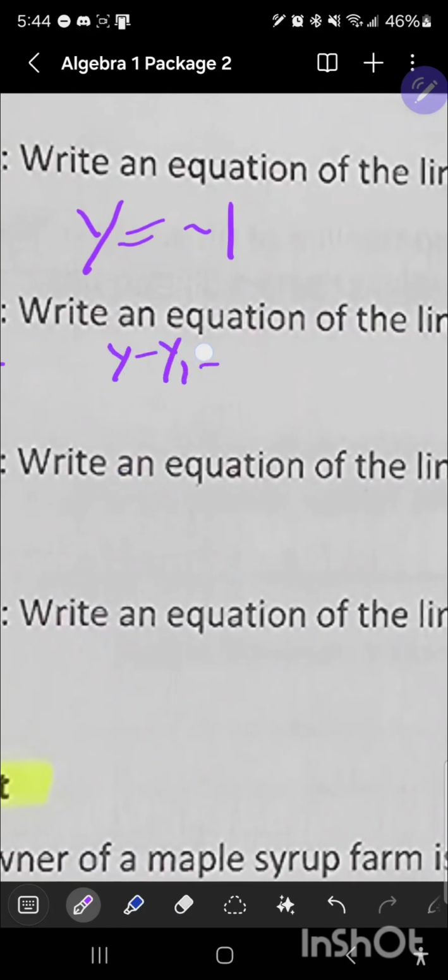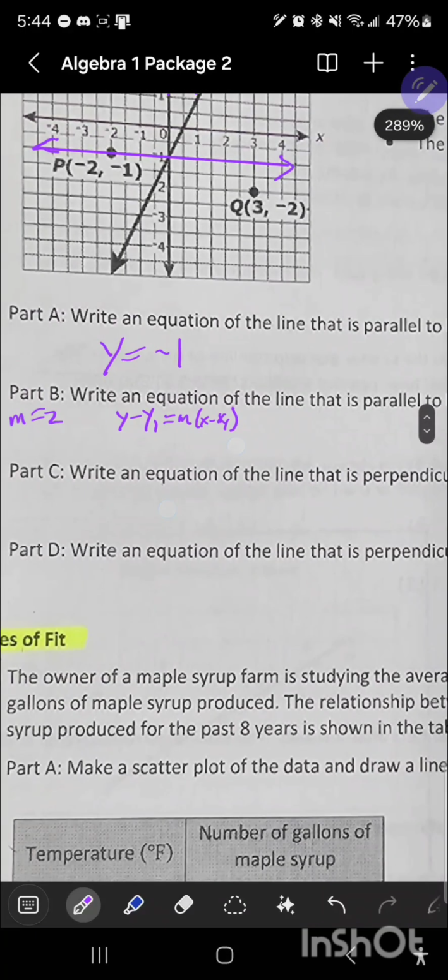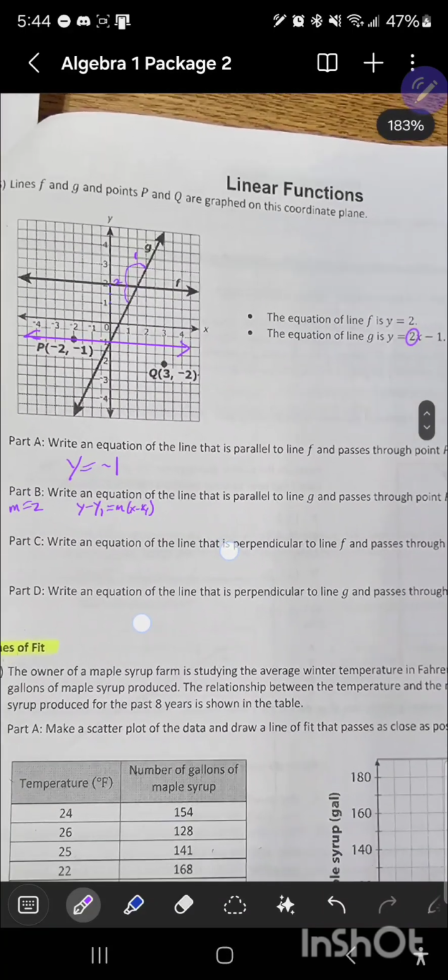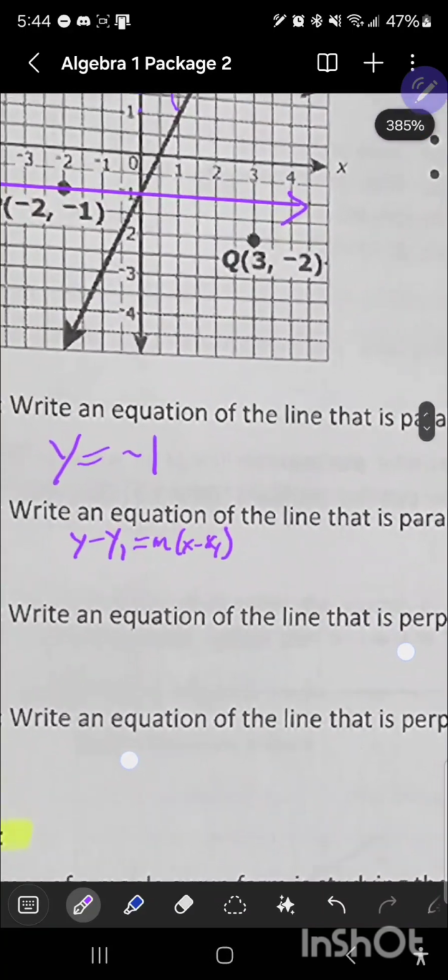y minus y1 equals m times x minus x1. Now we wanted to pass through point P, right?